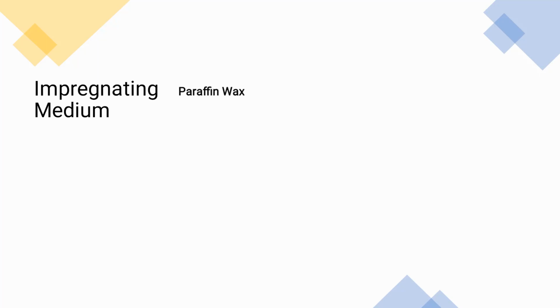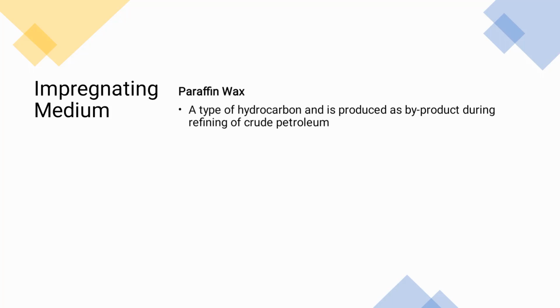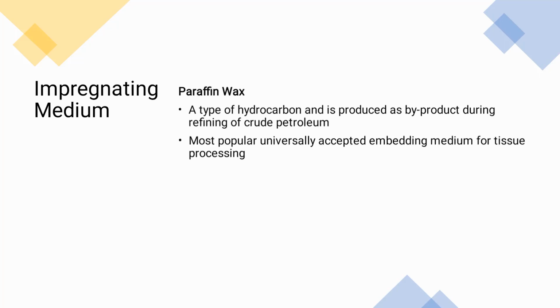Usually the impregnating medium is paraffin wax, which is a hydrocarbon and is produced as a byproduct during the refining of crude petroleum. Universally, it is very popular for impregnating and embedding during tissue processing.